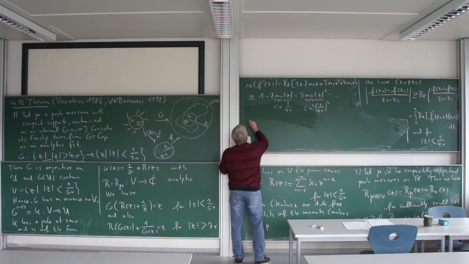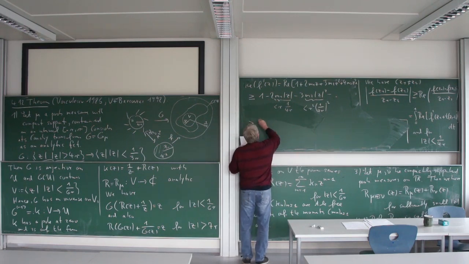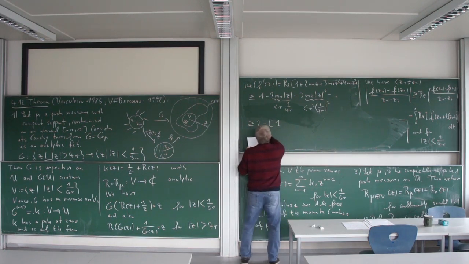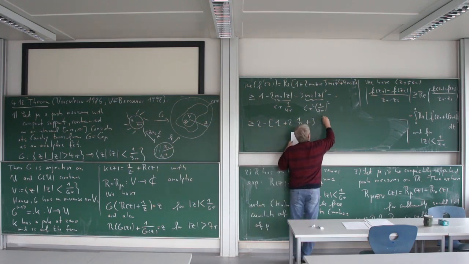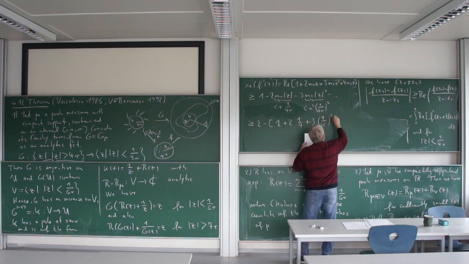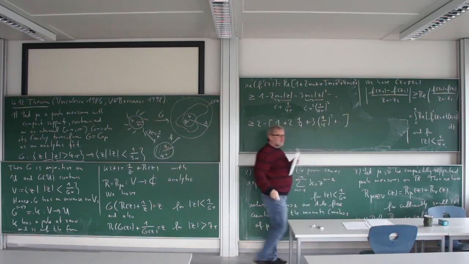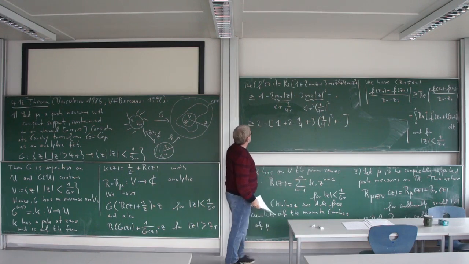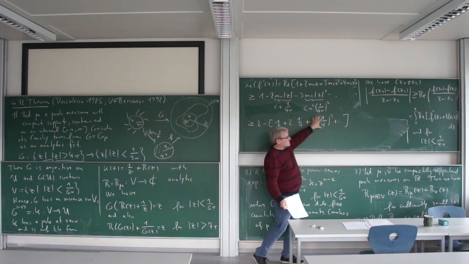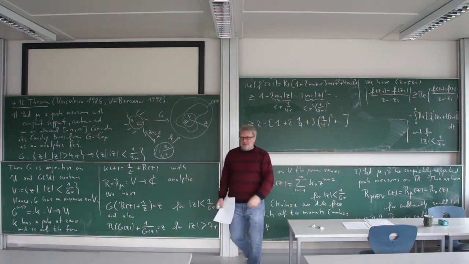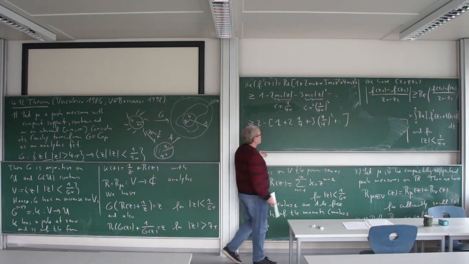So I'm writing this as 2 minus, and then I'm adding the 1 again. So this 2 minus 1 is this one here, and then the rest is just plus 2 times 1 over 4, plus 3 times 1 over 4 squared, and so on. This inequality here is the minus sign. And then what I have here is now the derivative of the geometric series in 1 over 4.